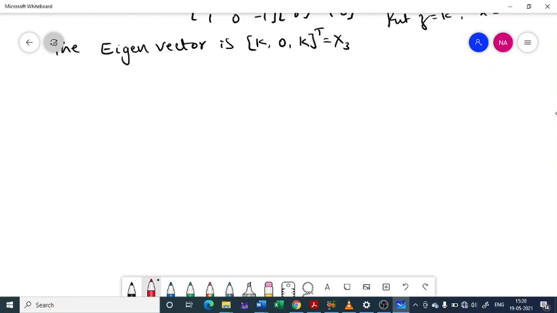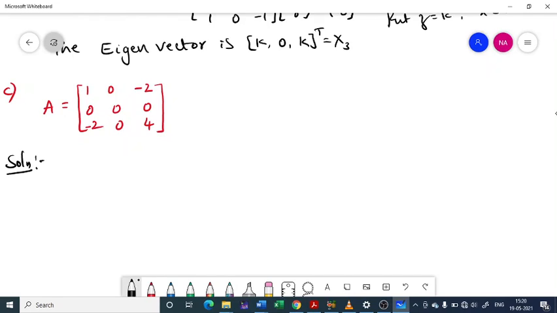Problem C. Capital A equal to 1 0 minus 2, 0 0 0, minus 2 0 4. Solution. So here A minus lambda I is, I am just writing important steps, I am not writing all the steps, keep that in mind.